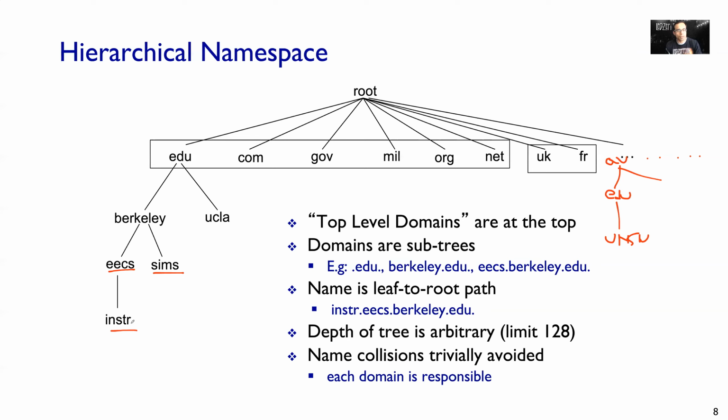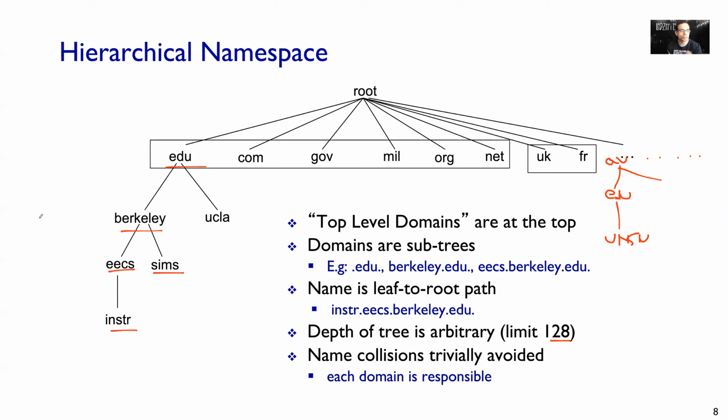It can go down. I think the limit is 128, though you would be far-fetched to see real host names that have 128 levels of hierarchy. Typically 4 or 5 are fairly typical, right? But what this also means is name collisions are fairly trivial to avoid, right? Because when you're setting up a university, you need to go to EDU, and then EDU will check what are the names of the current universities.